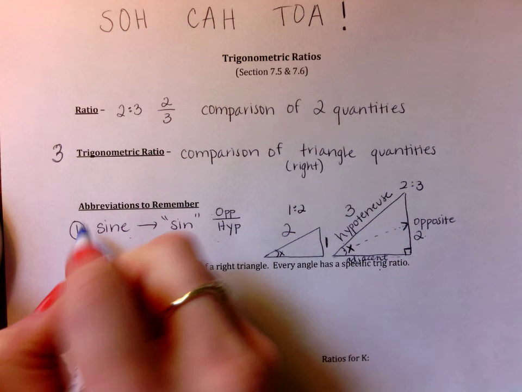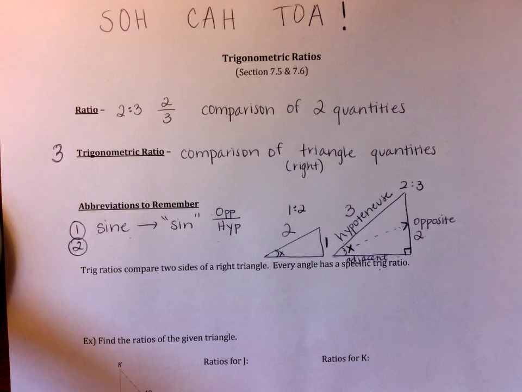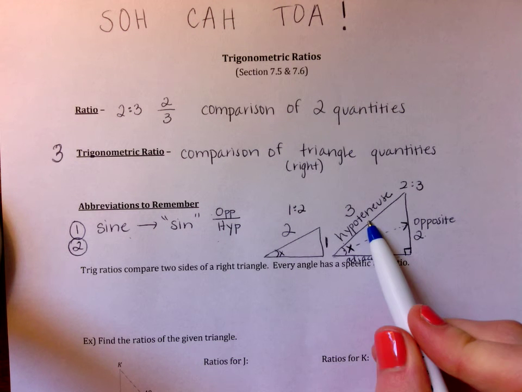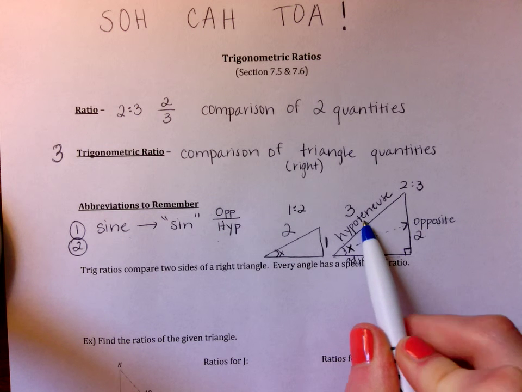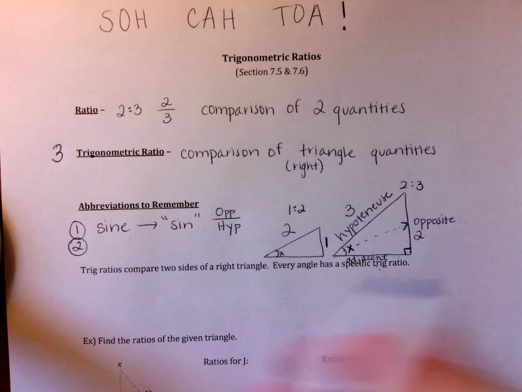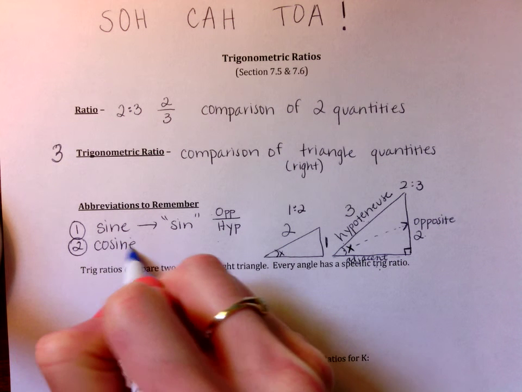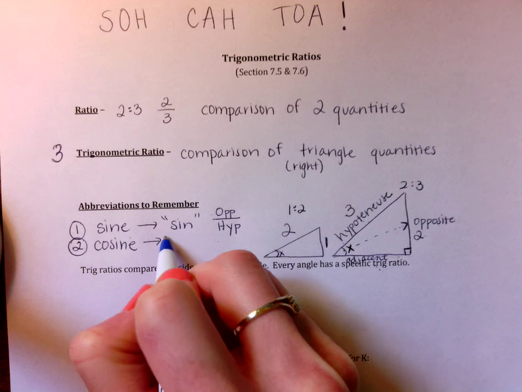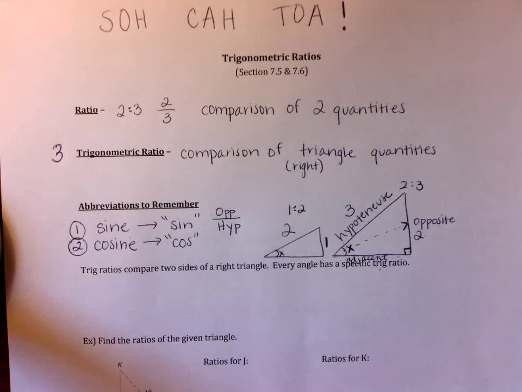All right, so the next comparison we can make is the adjacent side over the hypotenuse. Instead of the opposite, we're doing adjacent over hypotenuse to see how those two side lengths relate to each other. And that is called cosine, and we represent it with the letters cos. So it's just a shortcut.